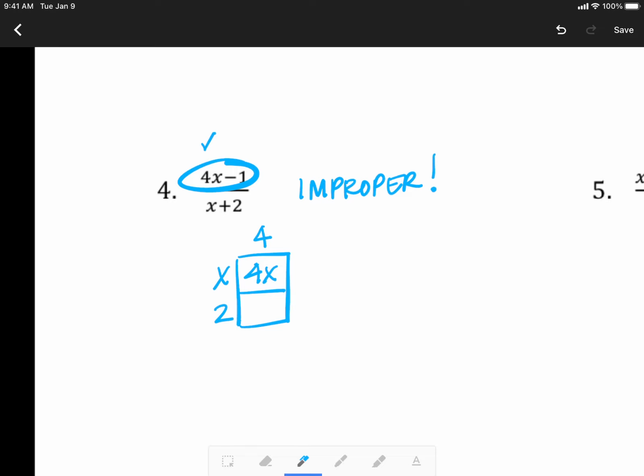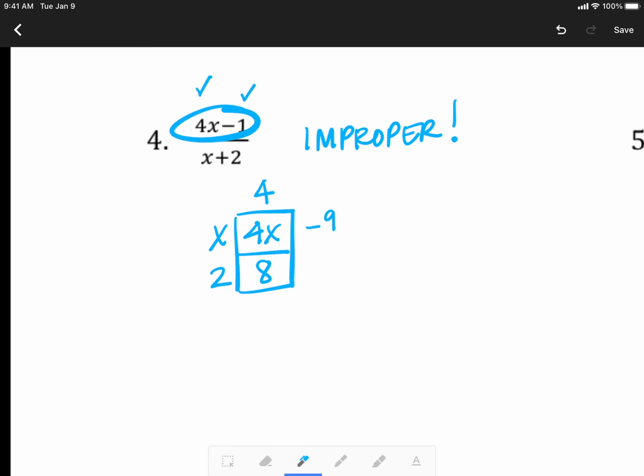Multiply down, 4 times 2 is 8, and I need to match that negative 1. So I need to subtract 9, and that is my remainder. So our mixed number is that whole polynomial minus our remainder that could not be divided. That 9 is still divided by the x plus 2.